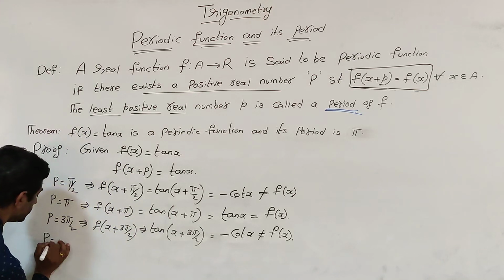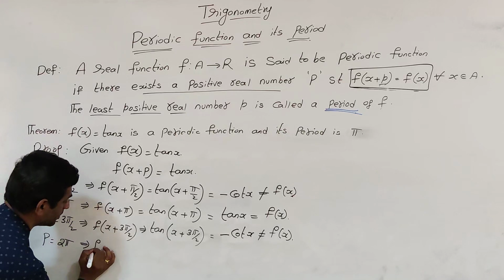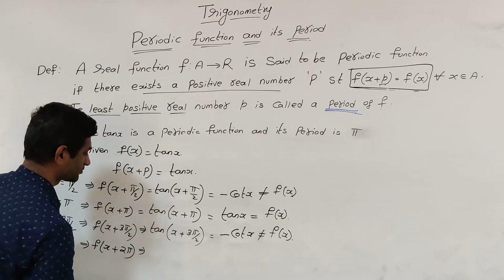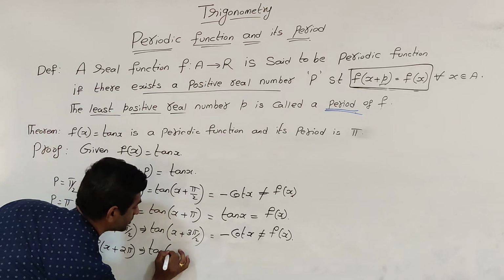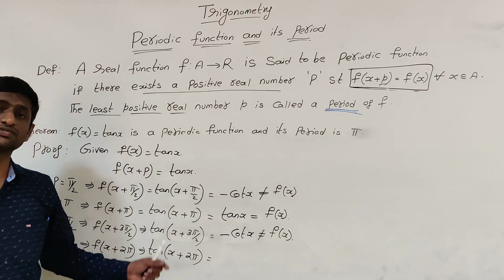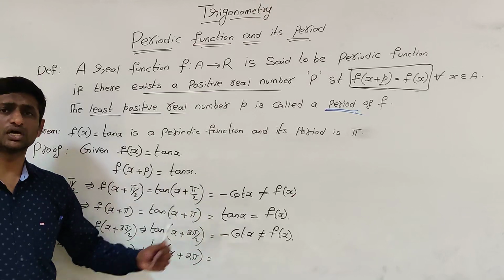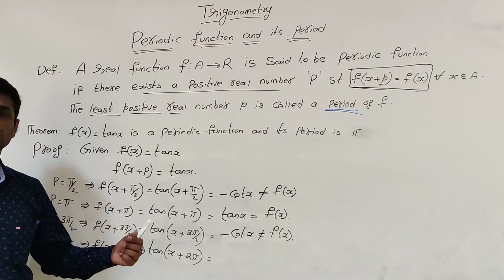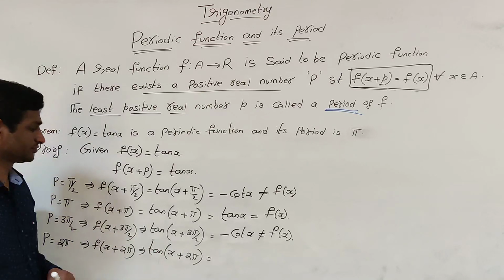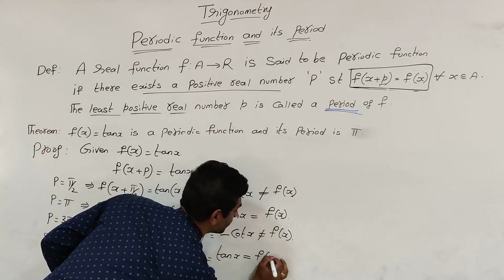Next, p is equal to 2 pi. F of x plus 2 pi implies tan of x plus 2 pi. 2 pi plus x lies in the first quadrant. In the first quadrant, all trigonometric ratios are positive. So tan will be positive, and the trigonometric ratio does not change. So it is tan x, which is equal to f of x.